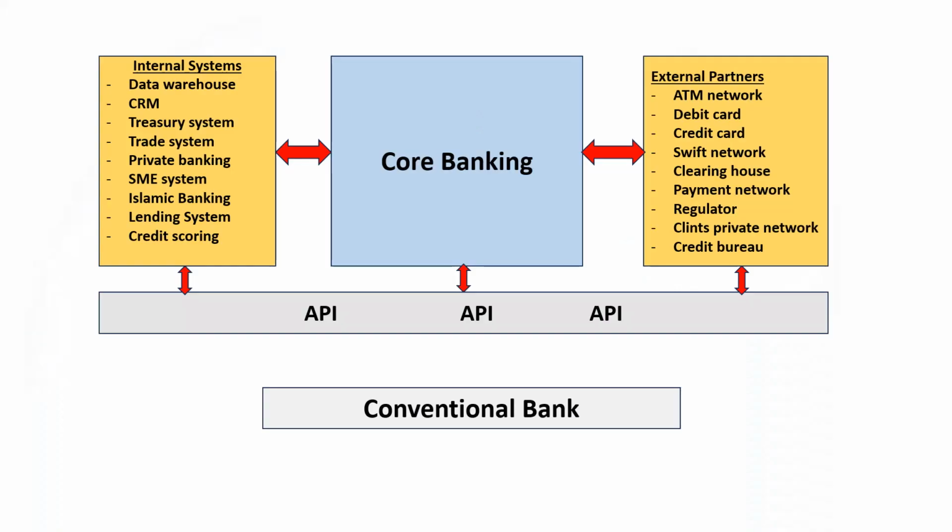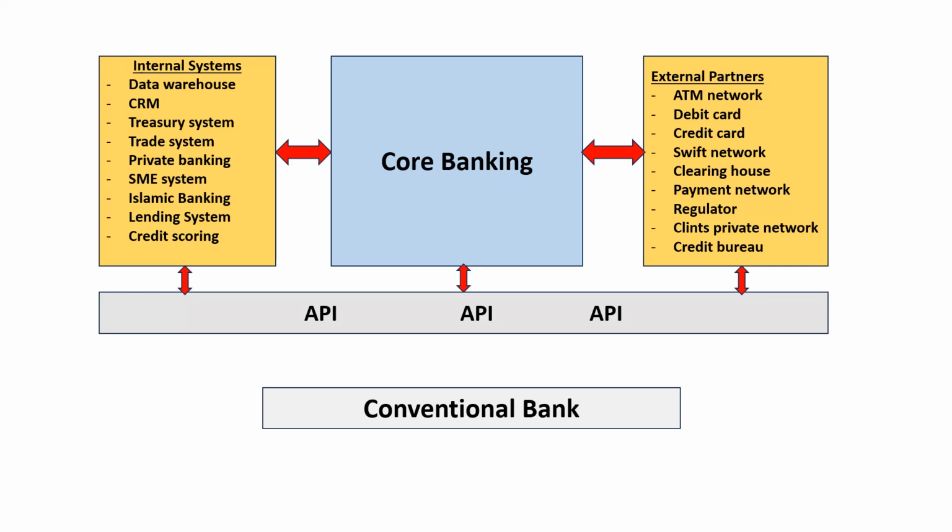Now, coming to the internal systems, there are a lot of internal systems in the bank, usually built in a conventional bank over a passage of time. In fact, like data warehouse, CRM, treasury systems, trade system, private banking, SME system, Islamic banking, lending system, and credit scoring. Each of these systems is very, very heavy.